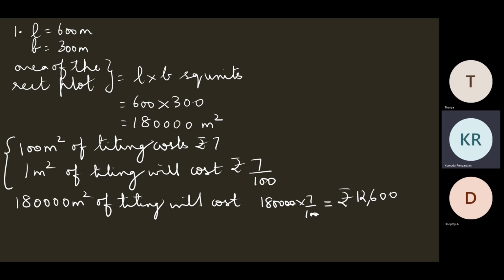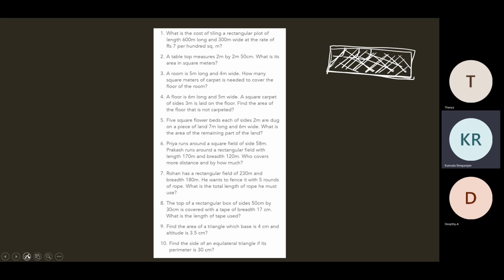Good, good. Okay. So since it's about tiling, we have to find the area. Once you find the area, let's understand the question better. See what is given. What is the cost of tiling a rectangular plot of length so much, breadth so much, at the rate of rupees 7 per 100 square meter?